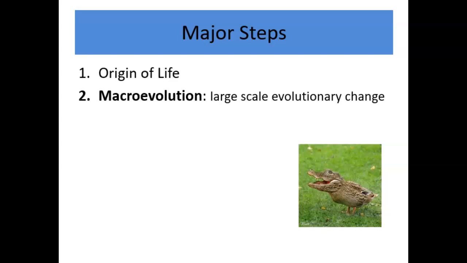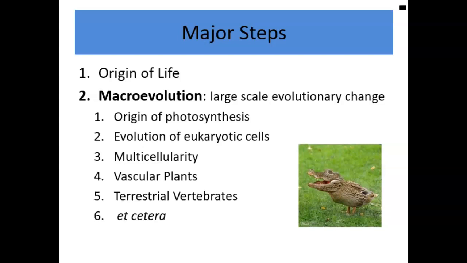But none of those are possible without life starting. So really, the major steps are life begins, and then evolutionary change happens to result in that diversification that produces all the species we now have. And you don't have to write these down or remember these, but these are just some examples of those big scale things that have been really important in the history of life.